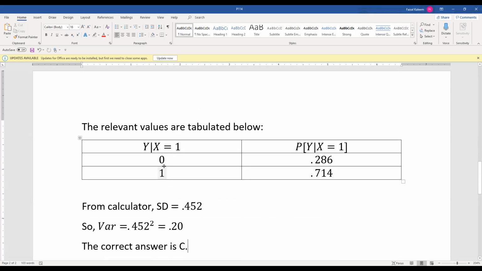If you feed this in the calculator, keep in mind that Y values were 0 and 1, and the probabilities were 0.286 and 0.714. So let's share the calculator.